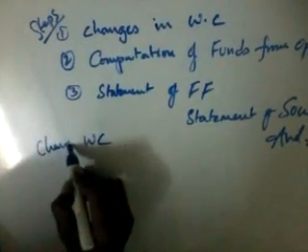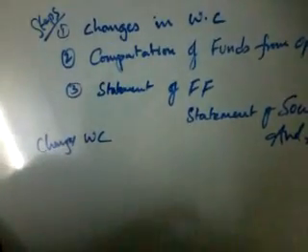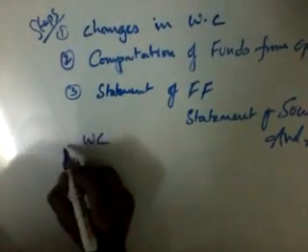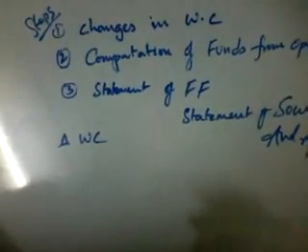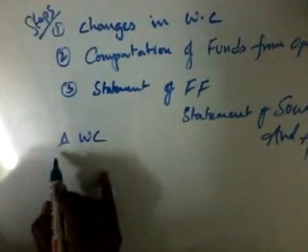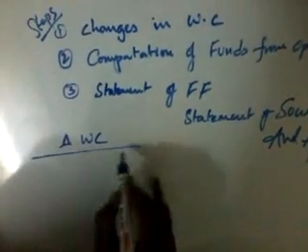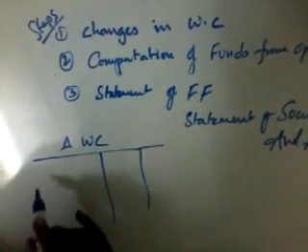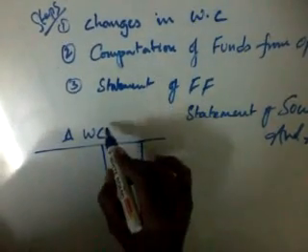Changes can be written as delta, isn't it? Delta is denoted for changes, so now I am using delta. Changes in working capital. What does the statement consist of? Hey, one second, what is working capital?